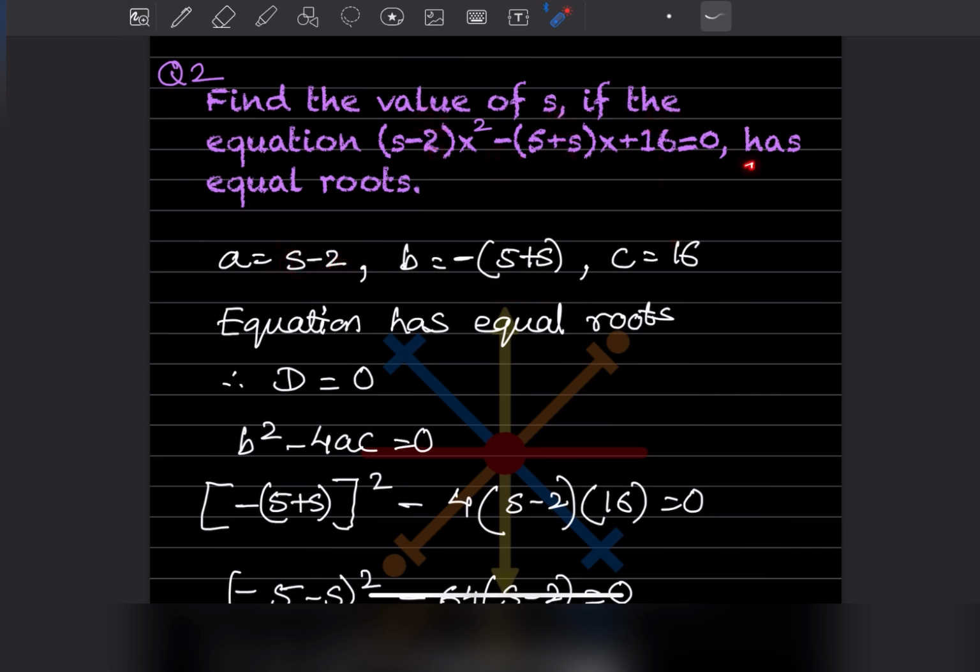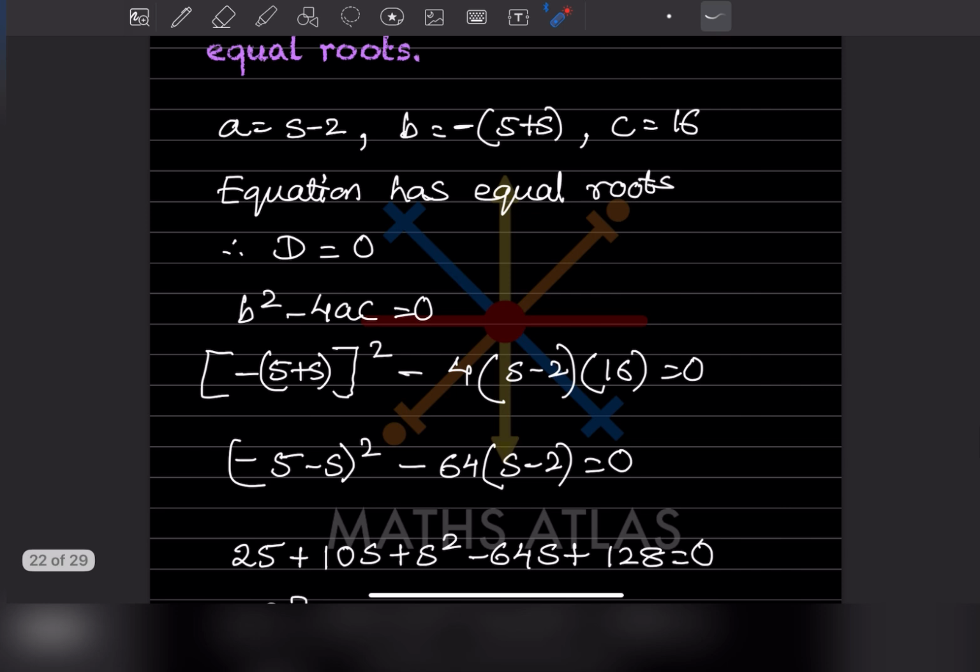So since it has equal roots, means the discriminant D is 0. So discriminant means b square minus 4ac is equal to 0. So for b you are going to write this whole thing, put a square bracket and put a square, minus 4 as it is. For A you are going to put s minus 2, write 4 and s minus 2, and c is 16, is equal to 0.